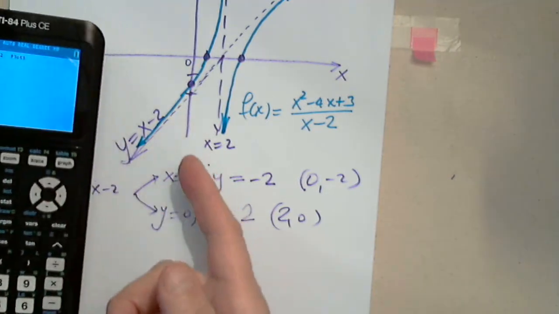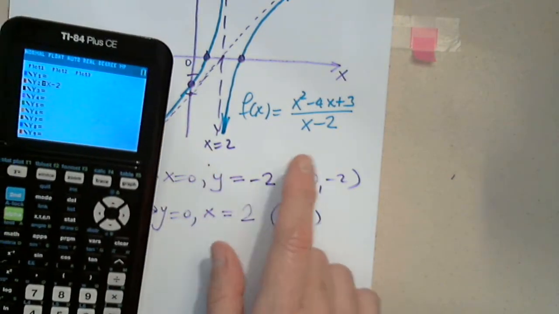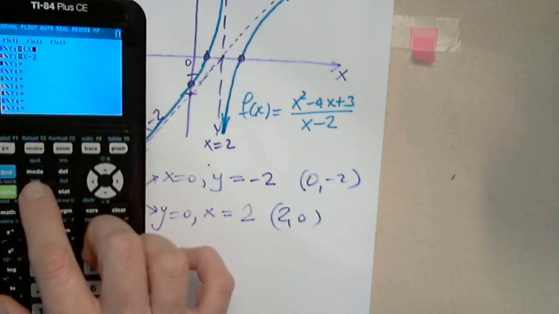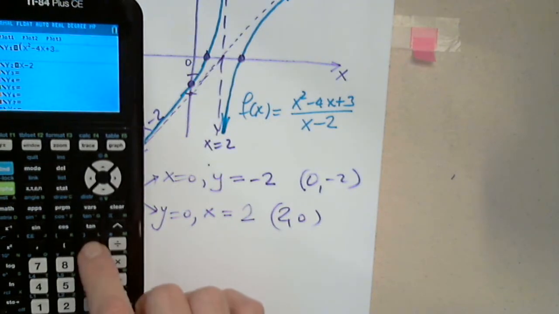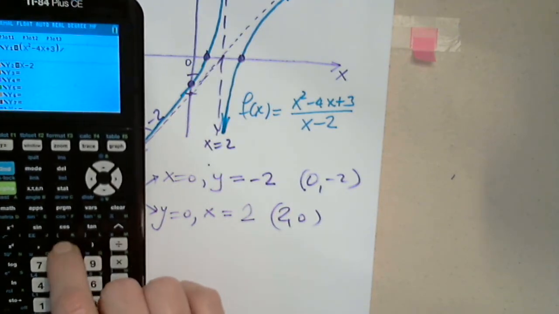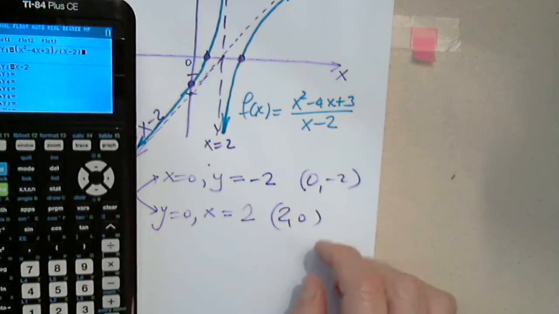So I'll go to y2 and put x minus 2. And numerator parentheses, x squared minus 4x plus 3, close the parenthesis, divided by parentheses, x minus 2, and close.